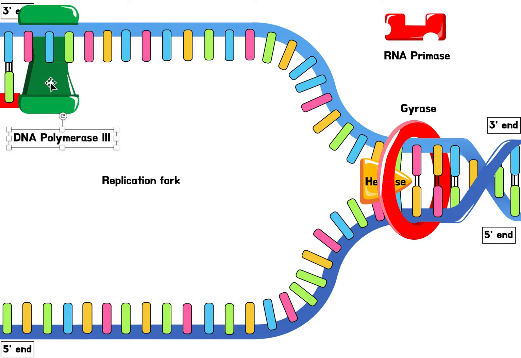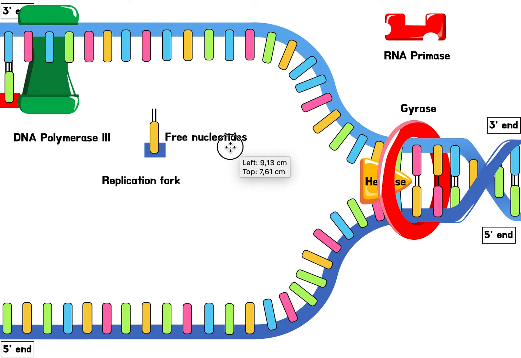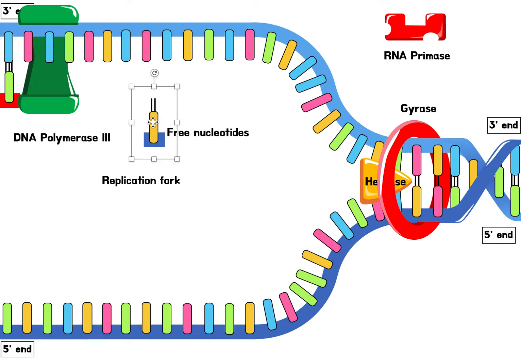So what it does is going to go here, bind next to this primer, and drag in some, this time, free nucleotides, okay? These are also free nucleotides because they're free-floating nucleotides, right? We got the backbone and we got the base, okay? And it's going to basically force them to bind by complementary base pairing. But the difference between this one and this molecule is that this is actually a DNA molecule, so it belongs here.